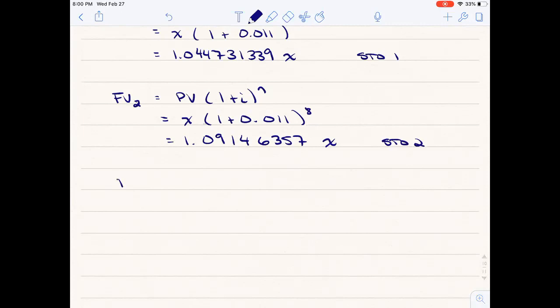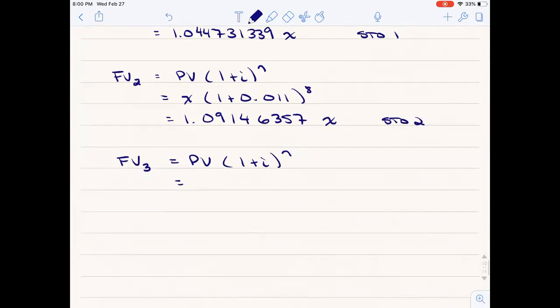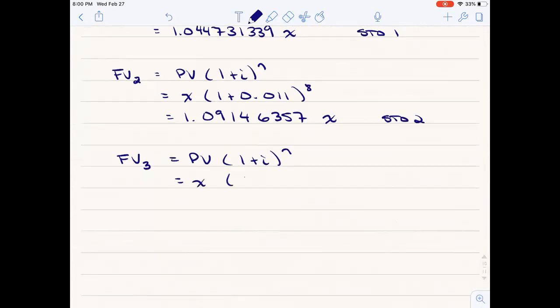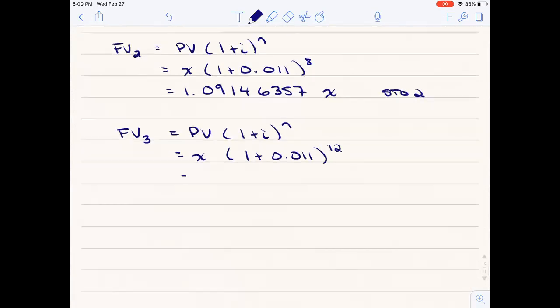And future value 3 is PV times 1 plus I to the power of n. PV is still x times 1.011 to the power of 12. I get 1.140286196x, and I'm storing that in 3.